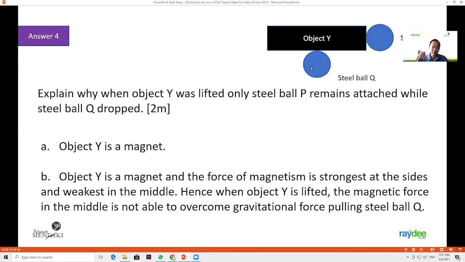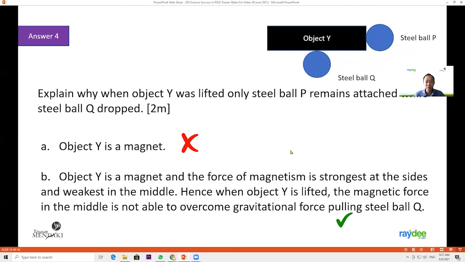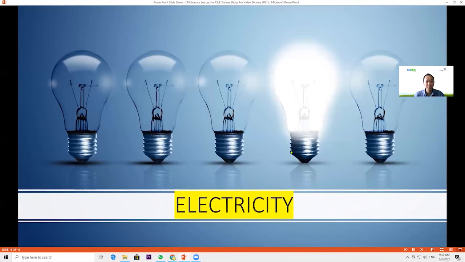Why? Because the gravitational pull is stronger than the magnetic force. Whereas for the other steel ball, steel ball P is at the side of the magnet, and the side of the magnet has got stronger magnetic force. Get it? Okay, good. So these are the questions for forces.